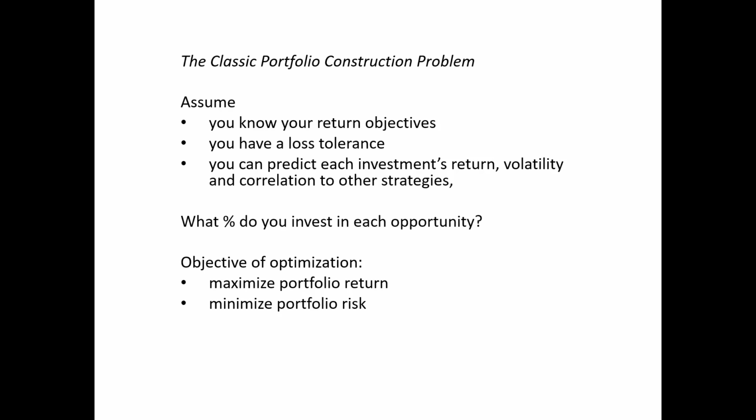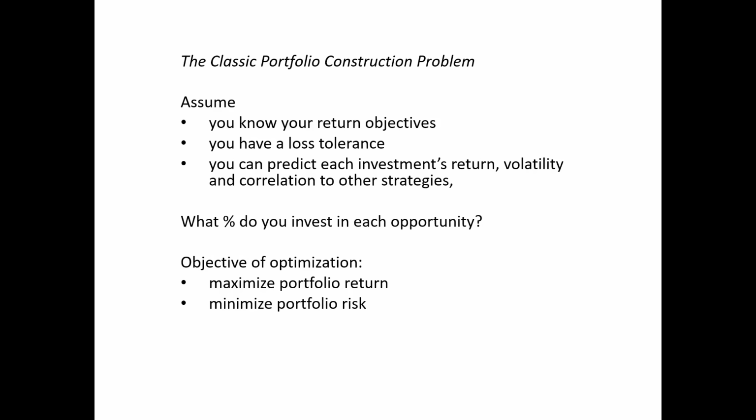Assume you know your return objectives, you have a loss tolerance, and you can predict each investment's return, volatility, which is the standard deviation, and also the correlation matrix of these investments. The question is what percentage you should put in each of the investments. So that's the portfolio construction problem, right?